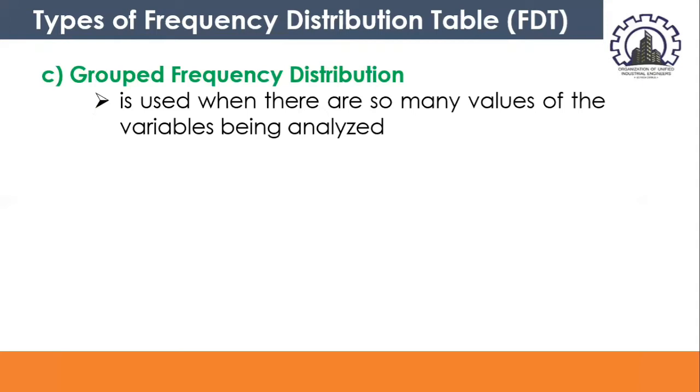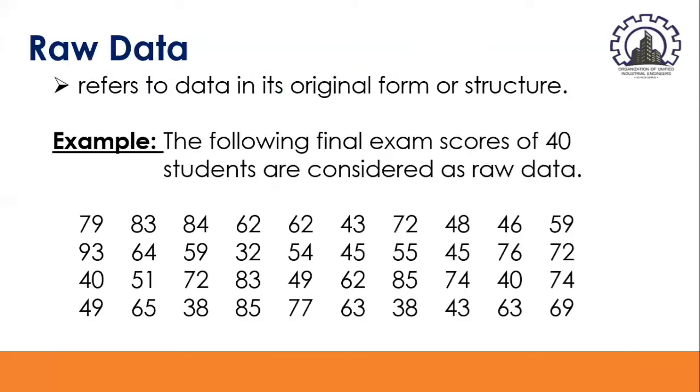So presentation of data is improved by grouping the values of the variables into non-overlapping or mutually exclusive categories. Now, in order for us to better understand how to construct a grouped frequency distribution table, let us discuss first what raw data is.